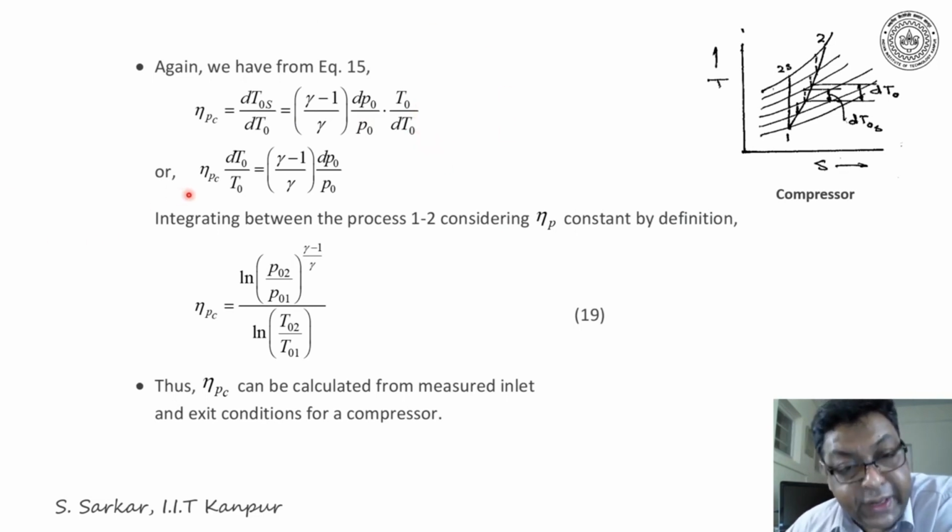Or it can be written as eta Pc into dT0 by T0 equal to gamma minus 1 by gamma into dP0 by P0.